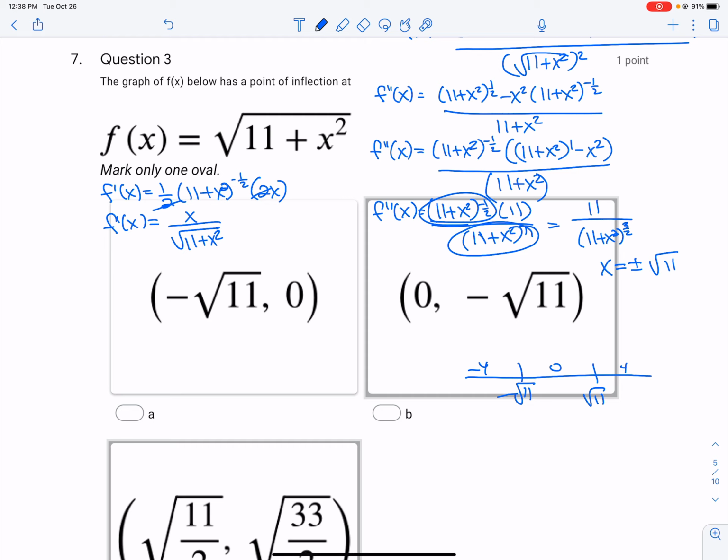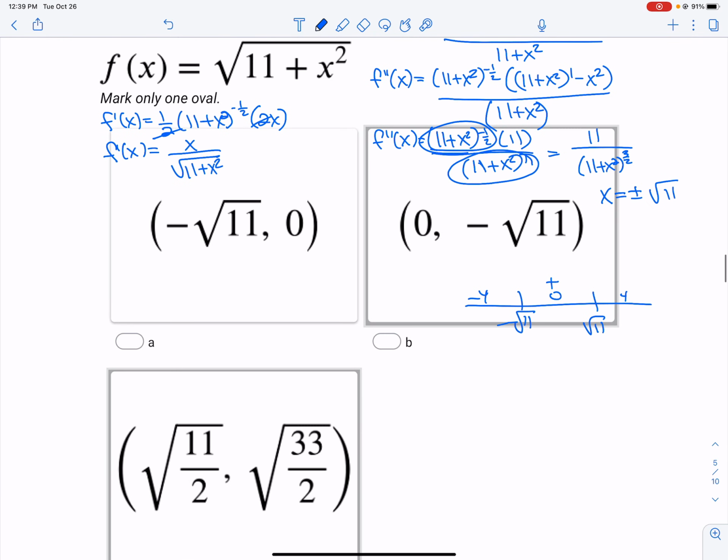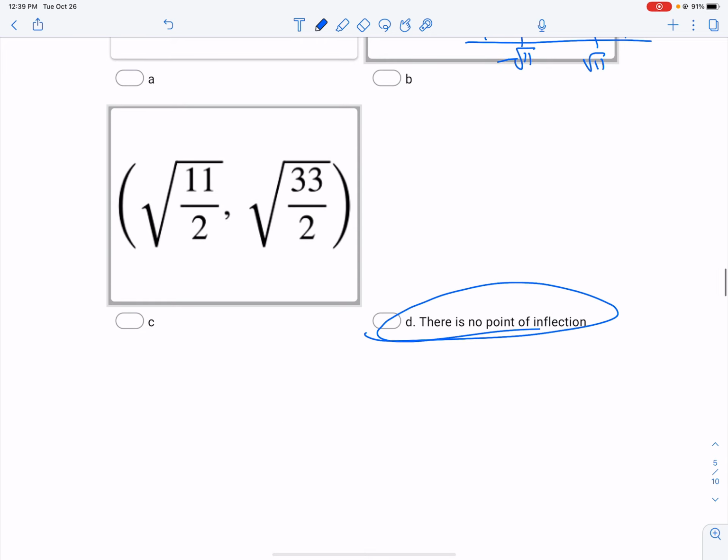So when I plug in my 0, I will get a positive. When I plug in negative 4, I'm also going to get a positive, and I'll get a positive here. So there is no point of inflection. Okay?